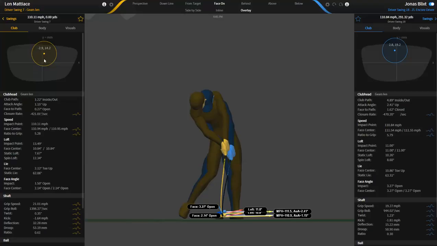Like if I were to tee this ball down a little bit, the ball would launch lower, it would spin more, but it would have more speed. And if he liked that.